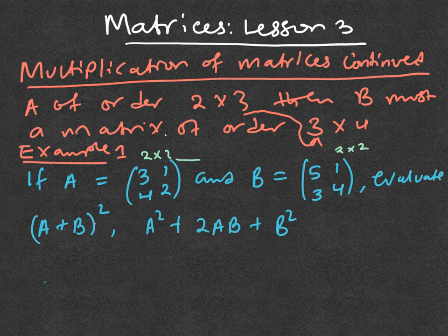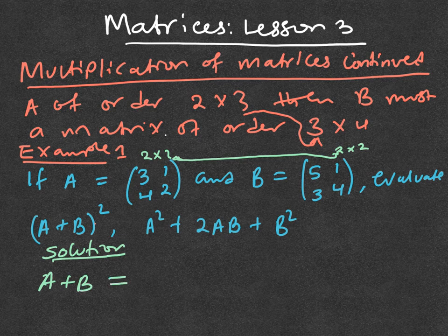So they are compatible because the number of columns is equal to the number of rows in the second, therefore we can multiply. But the first thing they want you to do is to find A plus B squared. So how do we get A plus B squared? Let's first get A plus B in the first place.